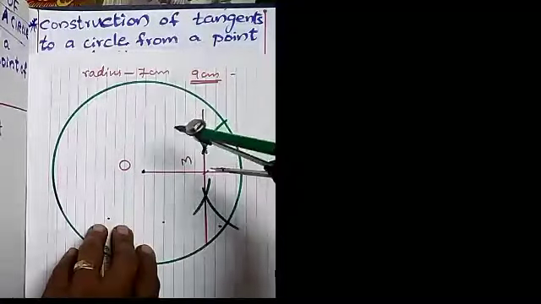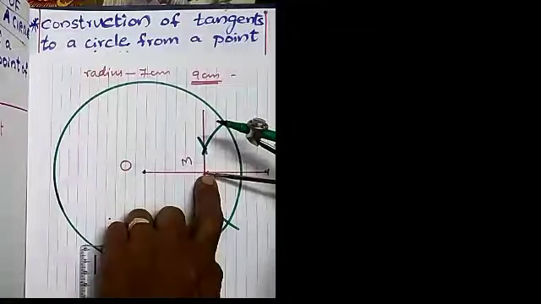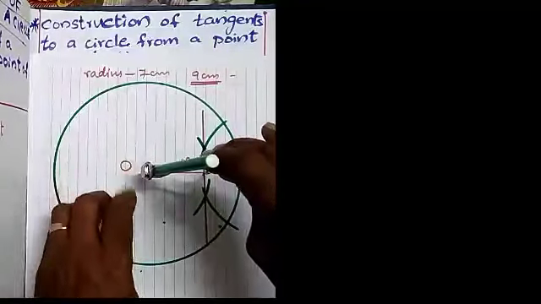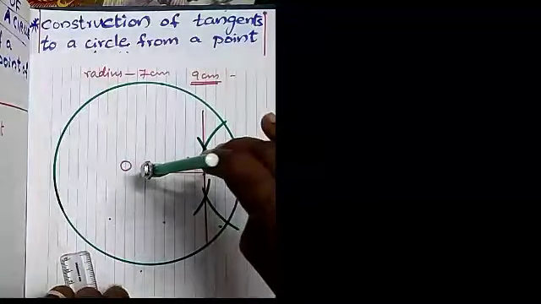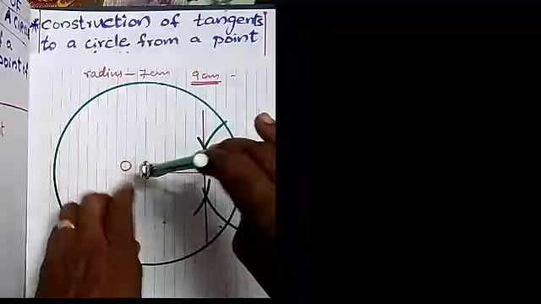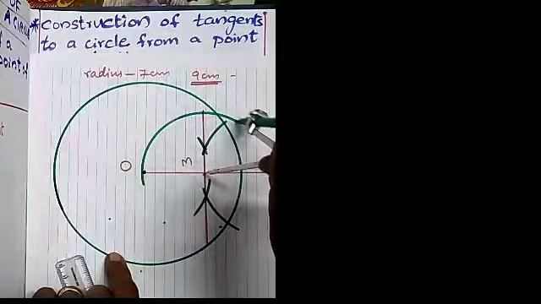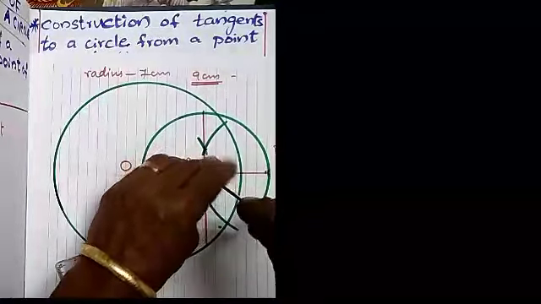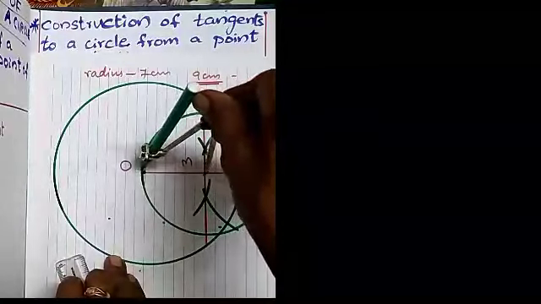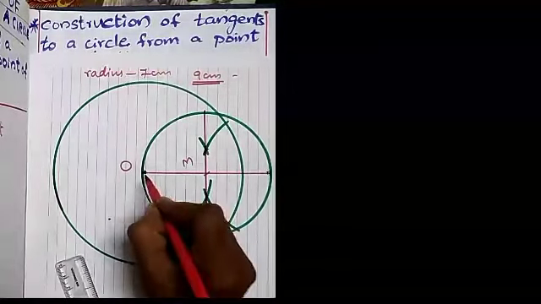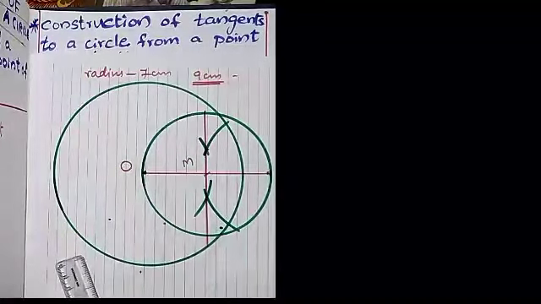So here you can see from this new point as center, just you are selecting the radius OM. This radius, the correct measure you need to select. Draw another circle. That will pass through the point P also. Now you can see that it passes through the point O and also P.